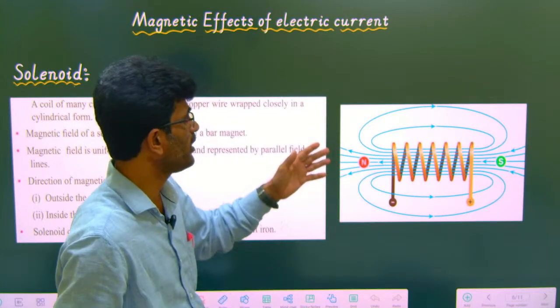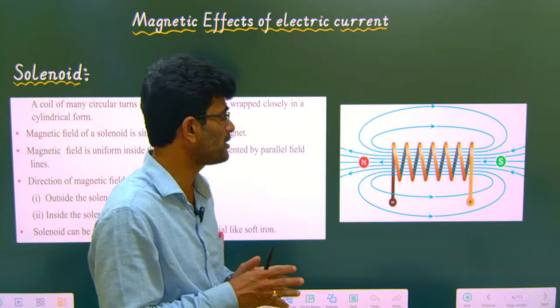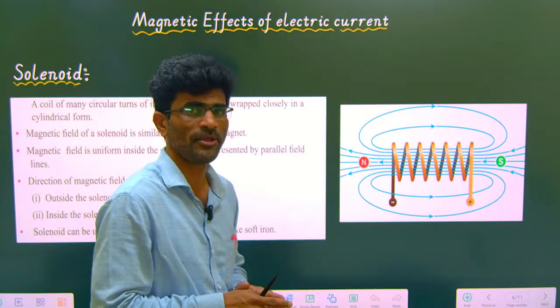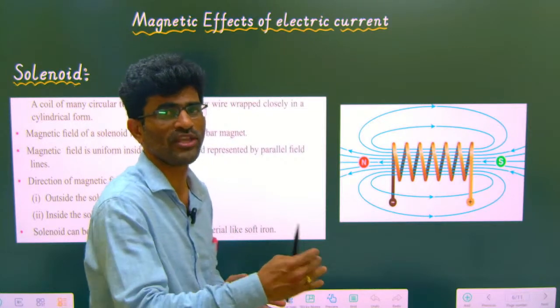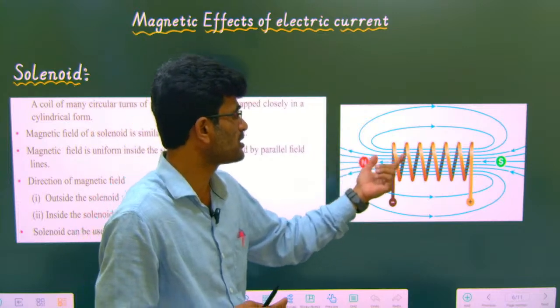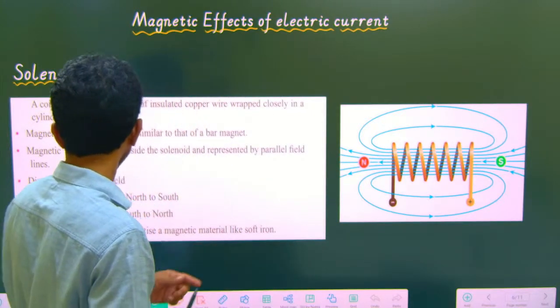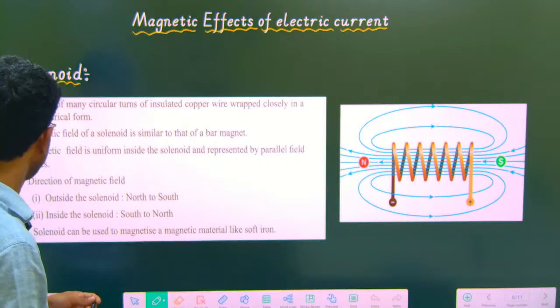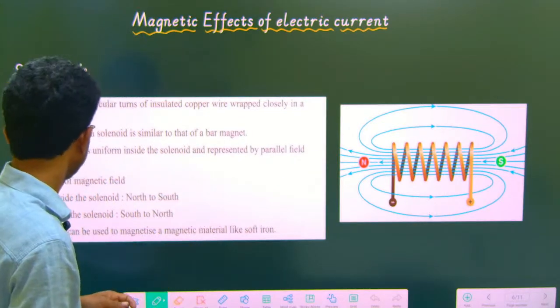When you are going away, it is weaker. Outside it happens, but inside what happens? All the magnetic field lines are uniform. When magnetic field lines are parallel and uniform, then magnetic field strength is also uniform, not somewhere high, not somewhere low. That is also one important point you have to remember. So outside north to south, inside south to north.